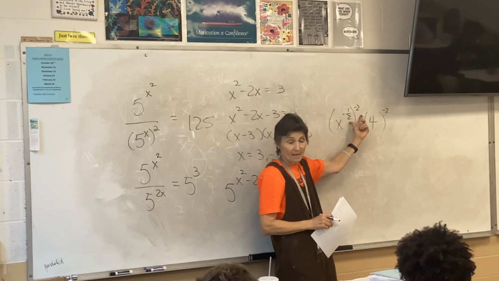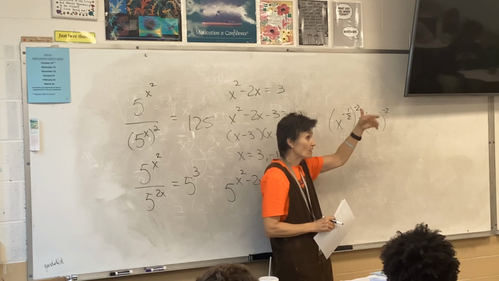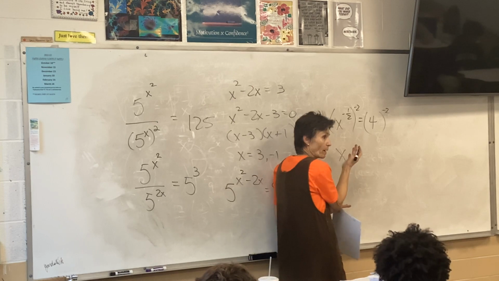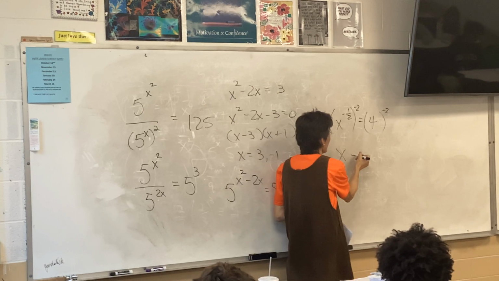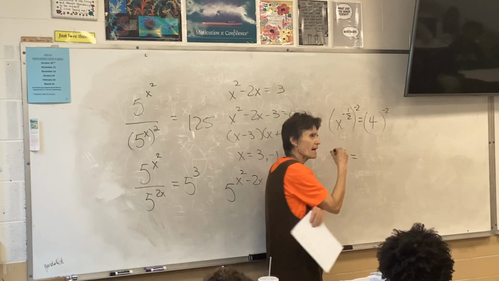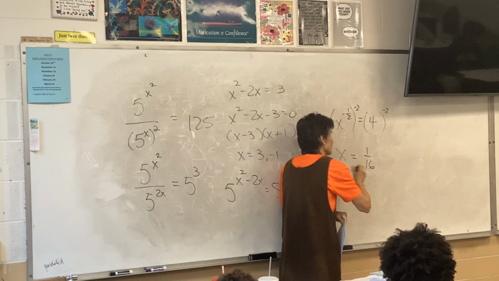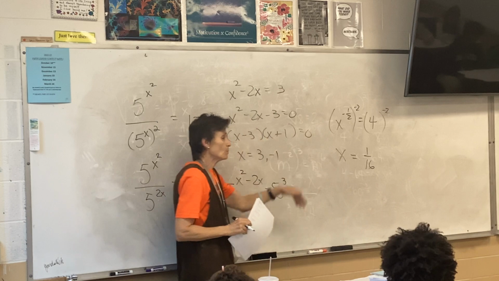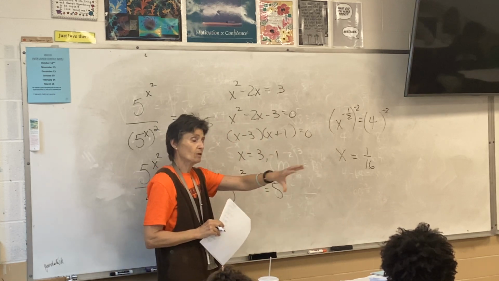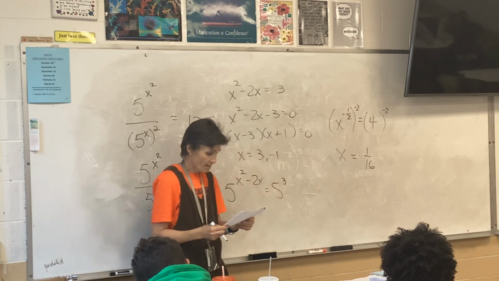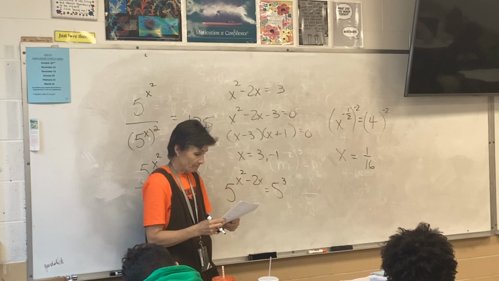Multiply them, and when I multiply them, they'll cancel and leave me with x, which is what I want. So x equals 4 to the -2nd, which is 1/16. There are always other ways to do the problem, so as long as you're getting 1/16 as the answer, that is fine.